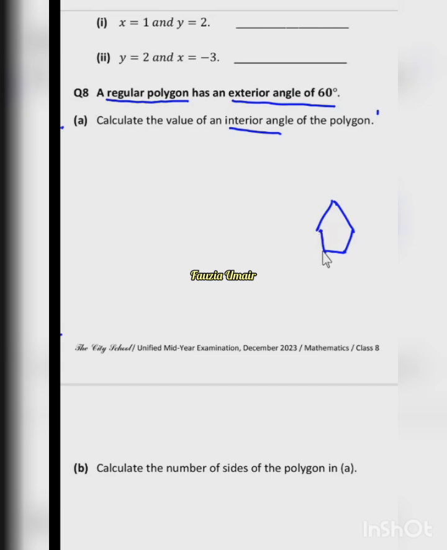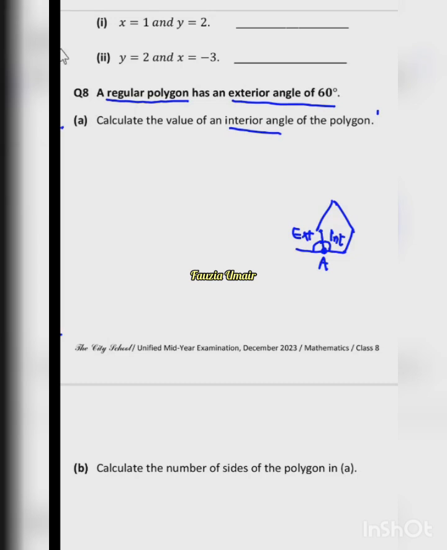So, the relationship between interior and exterior angle is that their sum is always 180 degrees. If this is one interior angle, this is the exterior angle for that particular vertex A. Their sum should be 180 degrees. So, we will use this property.